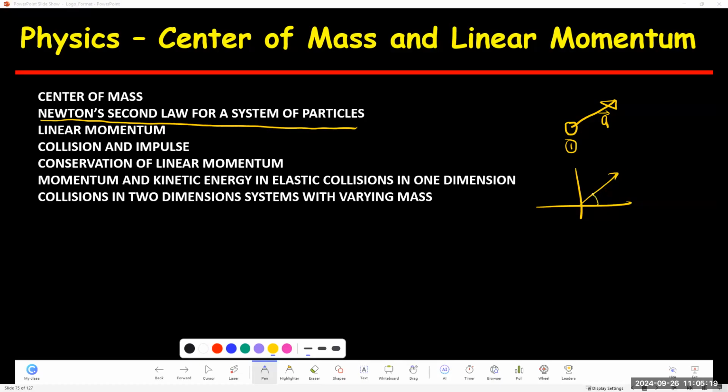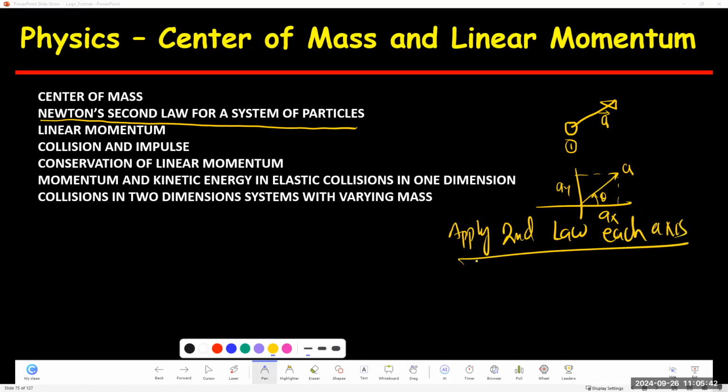It has some angle, maybe an angle theta. So you take this A, and you split it into two: one is AY, one is AX. And you apply Newton's second law in each axis individually.